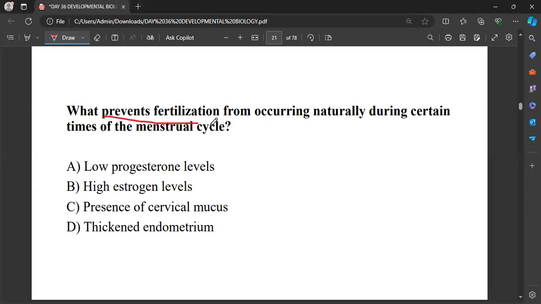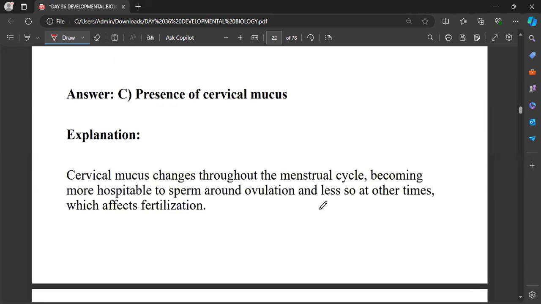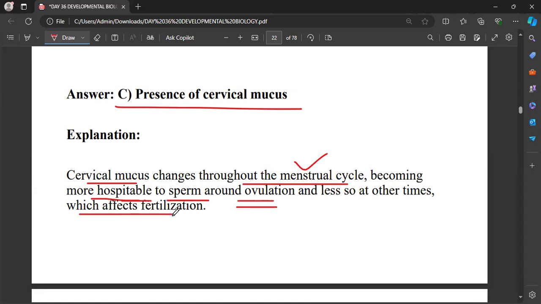For that, you should know which hormones are involved, and which hormone is involved in thickening the endometrium. All these things are very important. And the answer will be the presence of cervical mucus. The cervical mucus changes throughout the menstrual cycle, becoming more hospitable to the sperm around ovulation and less so at other times, which affects fertilization.